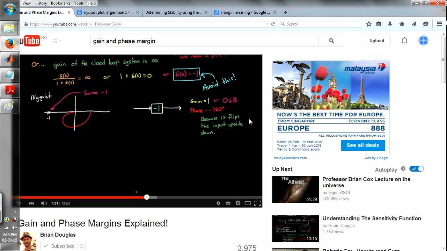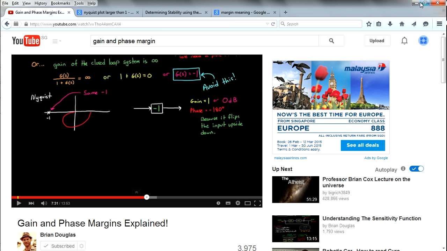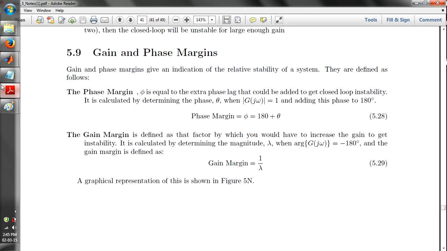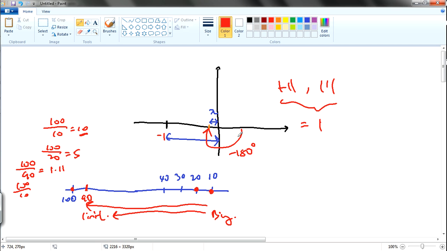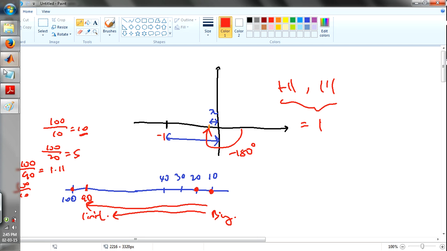So this is the gain, and then the phase is actually negative 180 degrees because you're 180 degrees out of phase. Okay, so therefore this will show you that you're actually out of phase. This is why this is somewhat the instability zone, let's say, right?